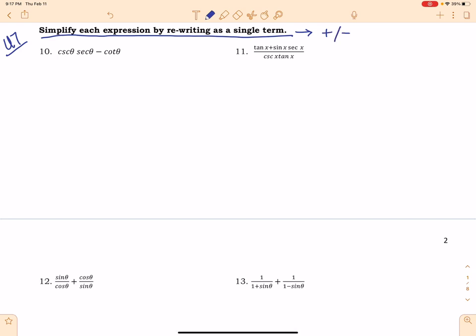So we're eliminating addition and subtraction in our final single term and no fractions, okay? So those are the things that we are hoping to accomplish here.